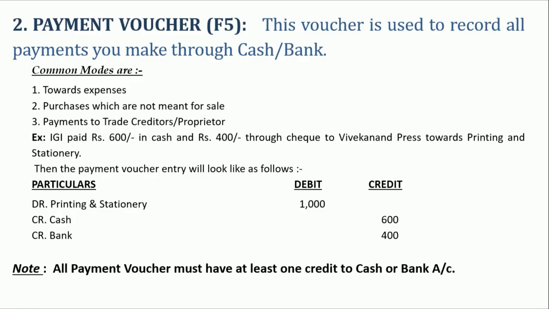We will take it as printing and stationery, since printing and stationery is related to business. So printing and stationery debit 1,000 and credit to cash 600, credit to bank 400. This type of entry we will call a payment. All payment vouchers must have at least one credit to cash or bank account, that you have to remember.